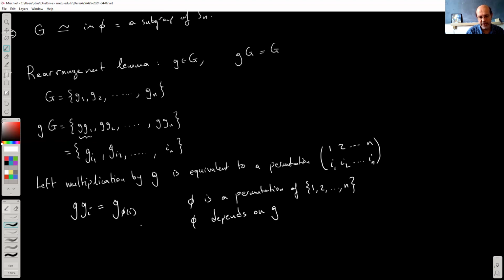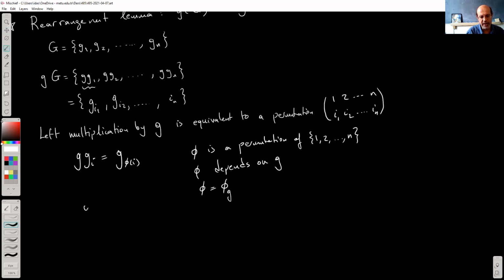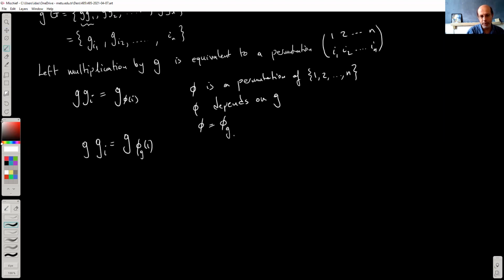And so as a result, instead of phi, I'm going to write phi_g. So I would use the equation g multiplied with g_i is equal to g of phi_g applied on i. So phi_g is a permutation, an element of Sn.